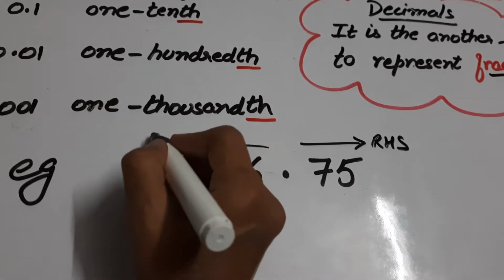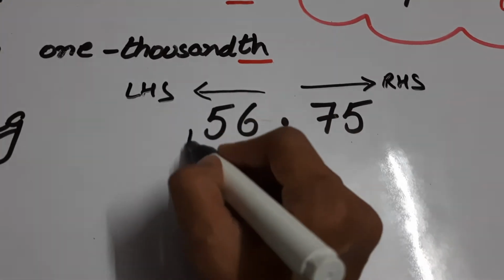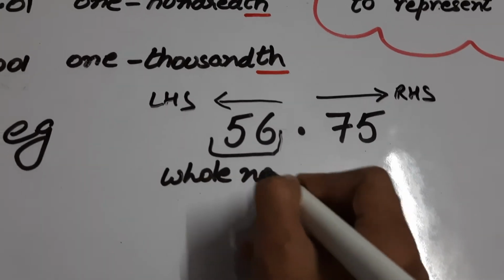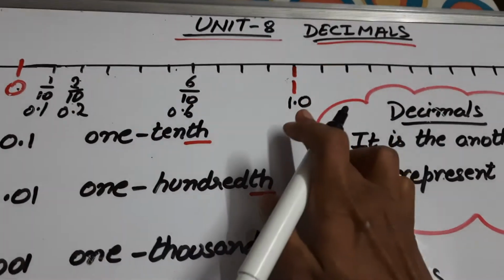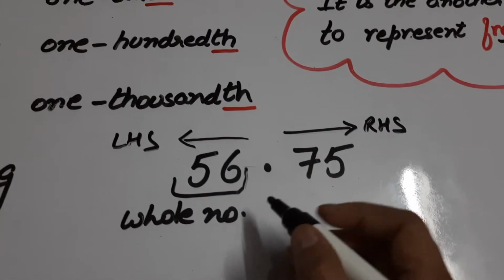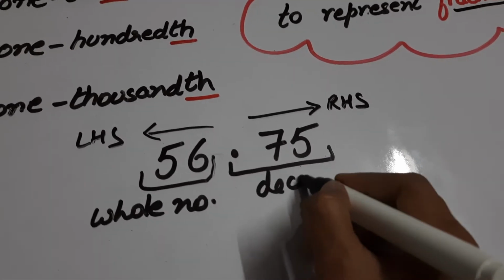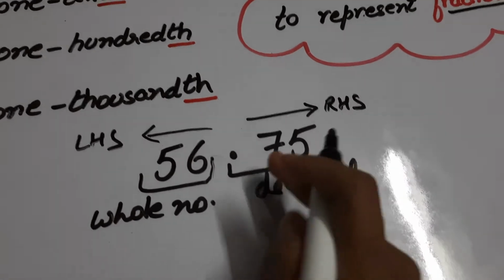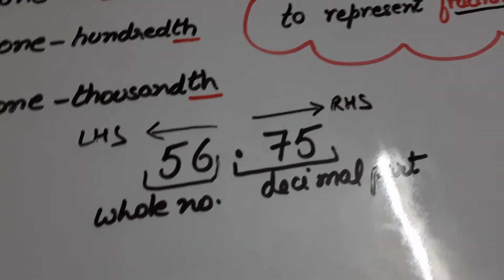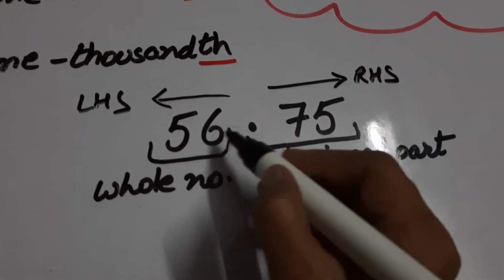This left hand side is the whole number, which is written in this form on the scale or any measuring tape. And the left hand side whole number will be called 56.